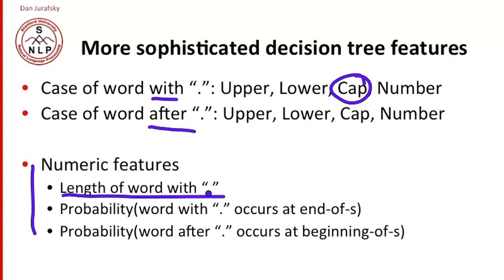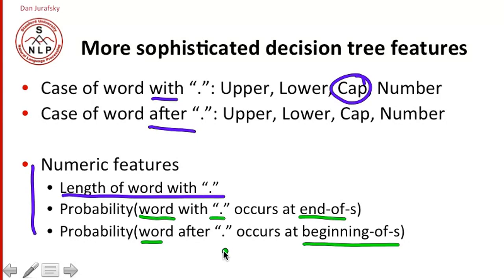And I can use very sophisticated features. So I can say, let's look at the word I'm looking at right now, take this word and ask, in a corpus where I already know where the sentence boundaries are, how often does this word occur with a period at the end of a sentence? Is this the kind of word that ends a sentence? Is this a kind of word, for example, that tends to start a sentence?